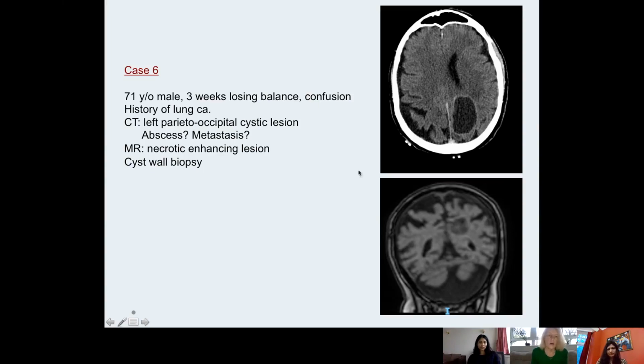On MR, this was confirmed to be a necrotic lesion, and a possibility of an intrinsic primary CNS tumor was also considered. And so he had, again, a small biopsy of the cyst wall.